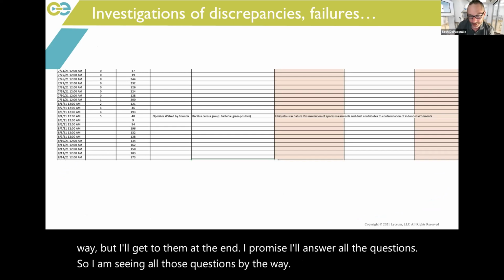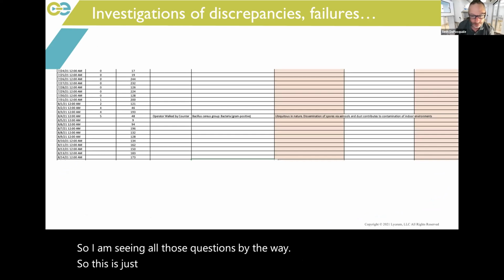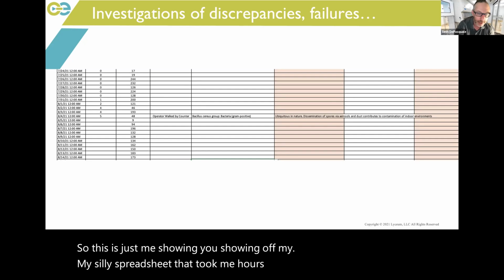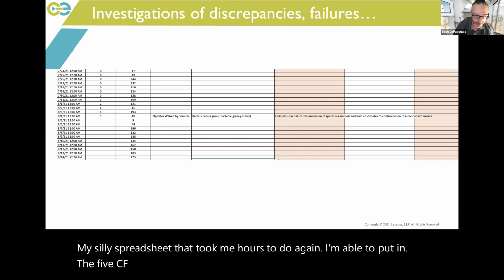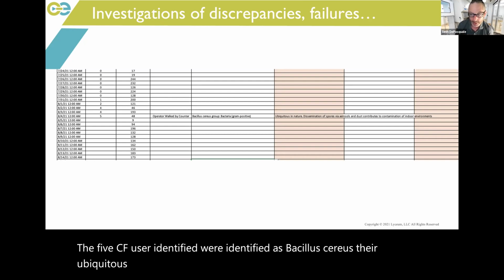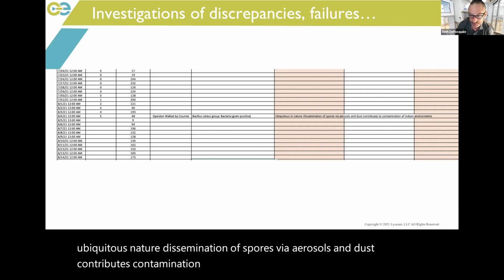So this is just me showing off my silly spreadsheet that took me hours to do. Again, I'm able to put in the 5 CFUs that were identified as Bacillus cereus. They're ubiquitous in nature. Dissemination of spores via aerosols and dust contributes to contamination of indoor environments.